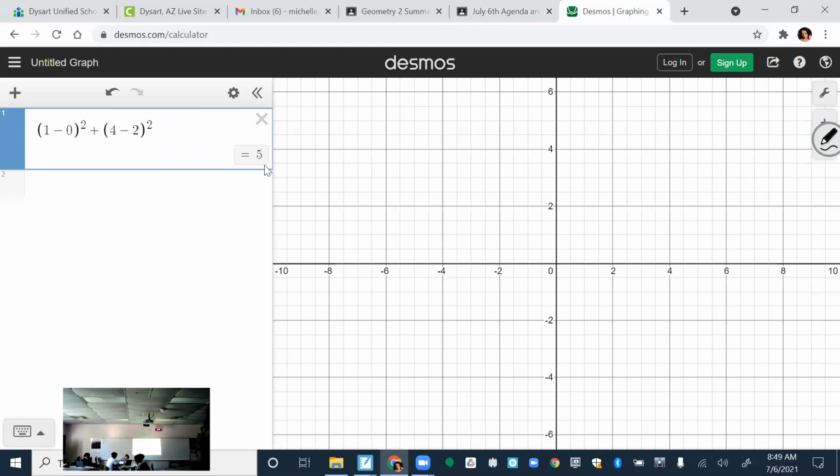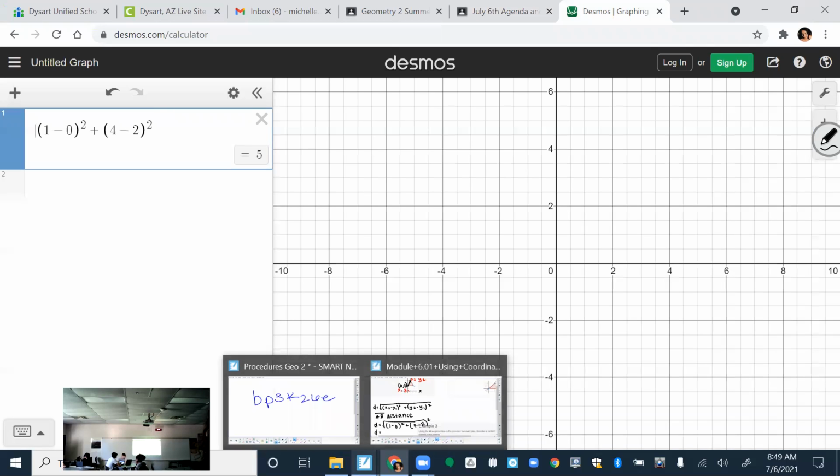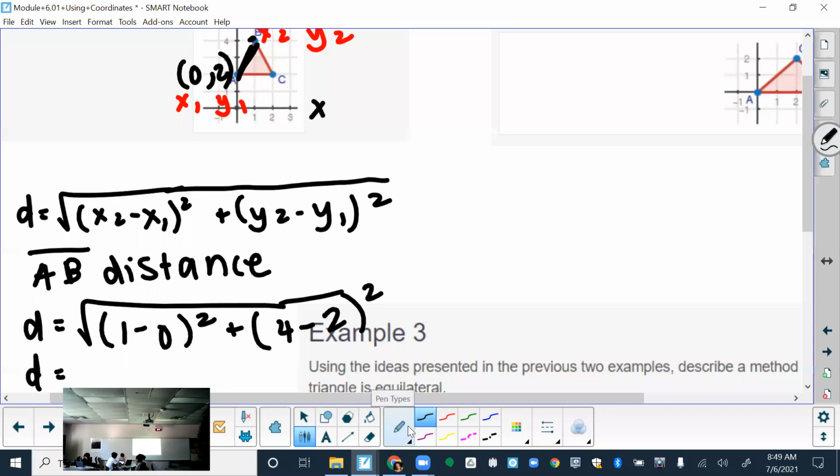So my answer is the square root of 5. You would rather use those answers versus the decimals because those are more exact. So the distance between A and B is the square root of 5.